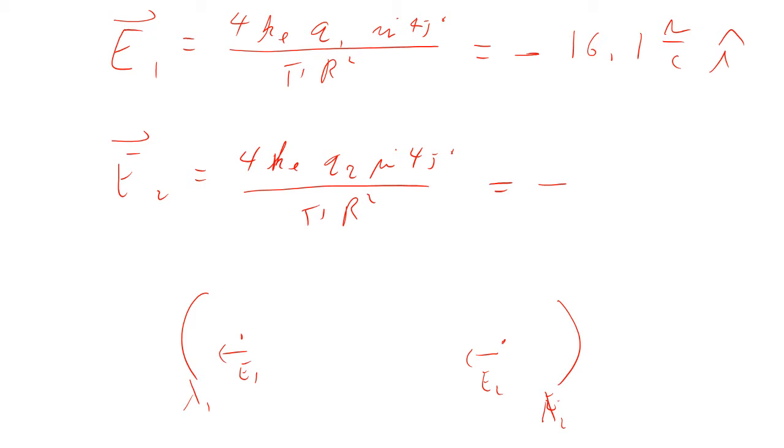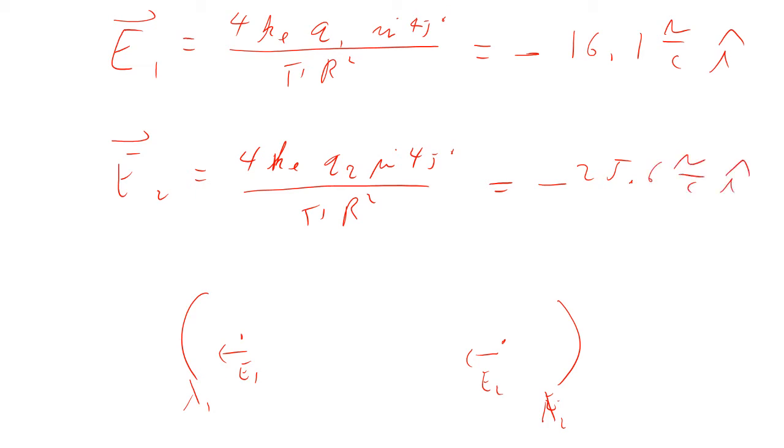Lambda 1's negative, so E goes towards lambda 1. Lambda 2 is positive, so E goes away from it. And so this is going to be equal to minus 25.6 newtons per coulomb I.